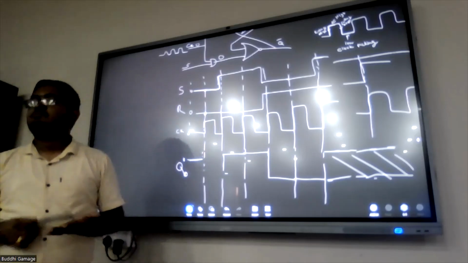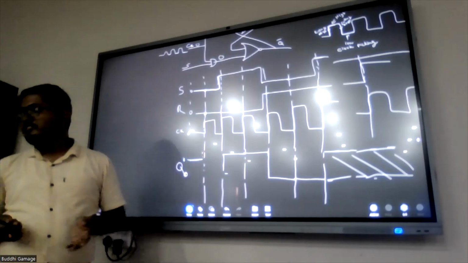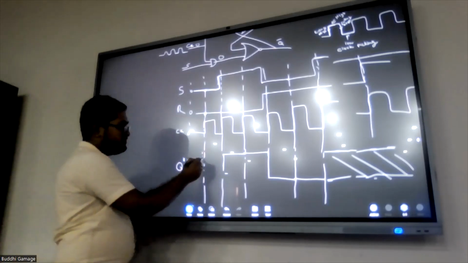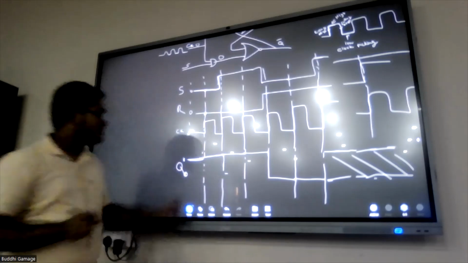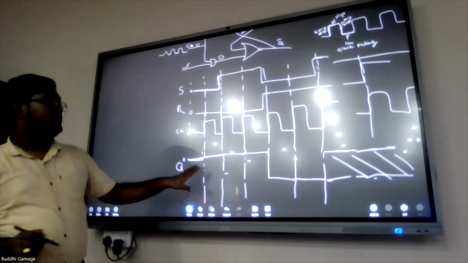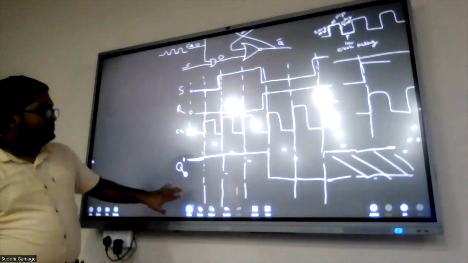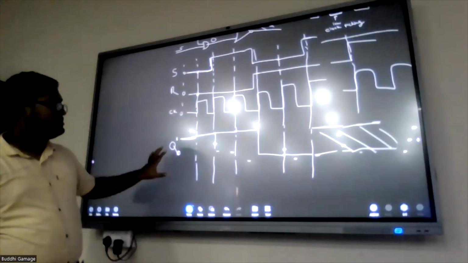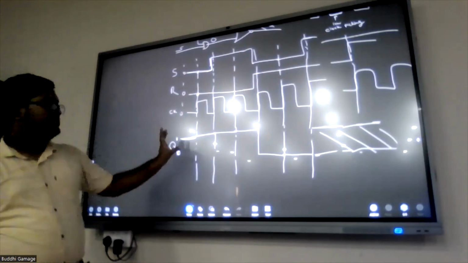Then it is in the no change state. So since this is 1, up to this clock ticking also the Q will be 1, right? So you need to do this also. That means you need to continue this Q.